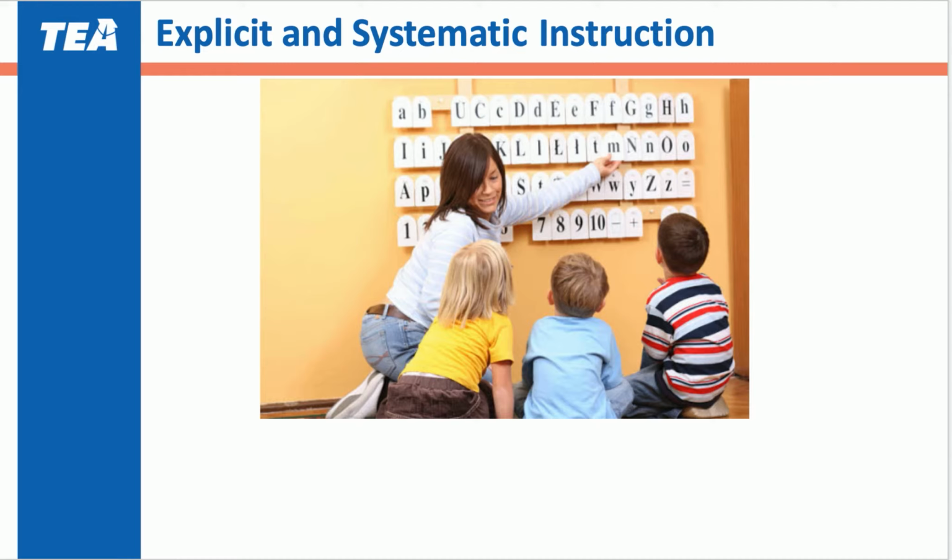In any type of reading instruction, we have to use explicit and systematic instruction. When we talk about explicit instruction, we talk about the direct and purposeful teaching of skills and concepts.